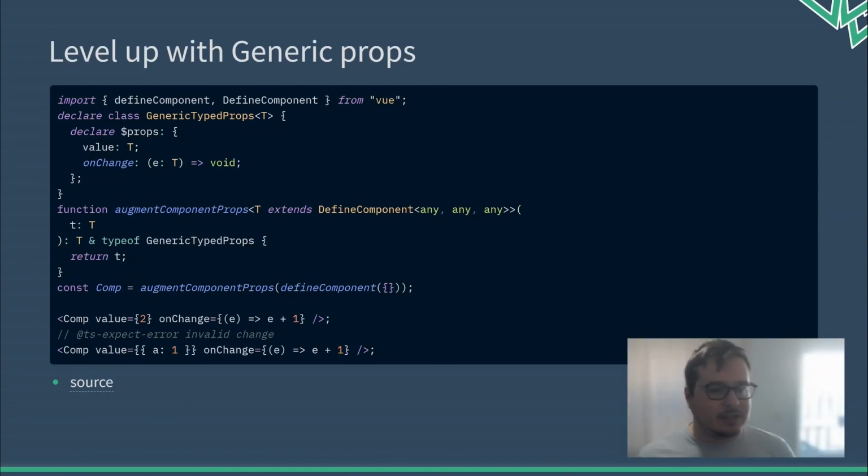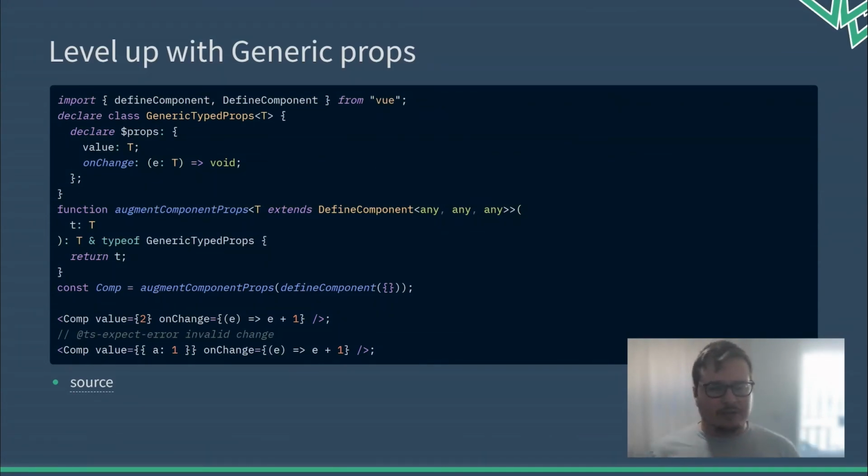Imagine that the augment component props function has two generics. The first generic would be the class that we're going to use, and the other one is the inferred defined component. It won't work, because we can infer it as an argument, but we cannot pass it directly as a generic. So this is a limitation, and you can circumvent it by creating another function.